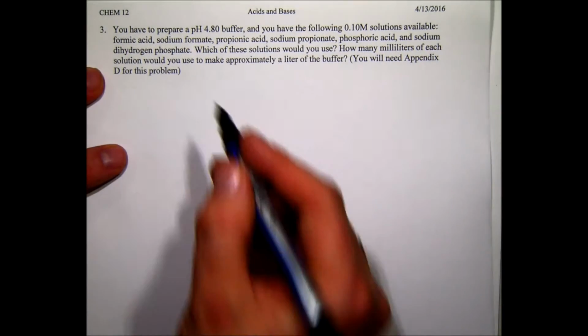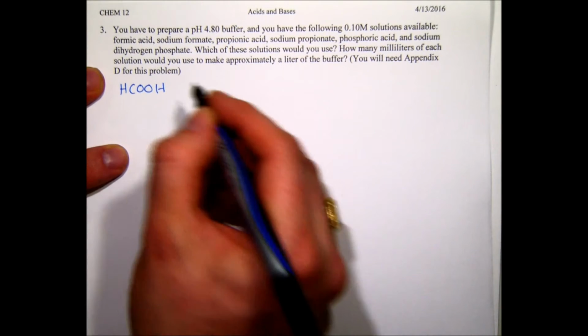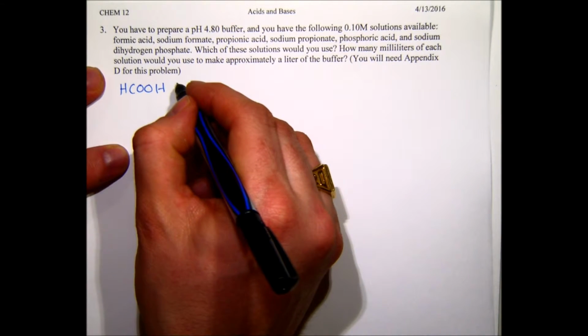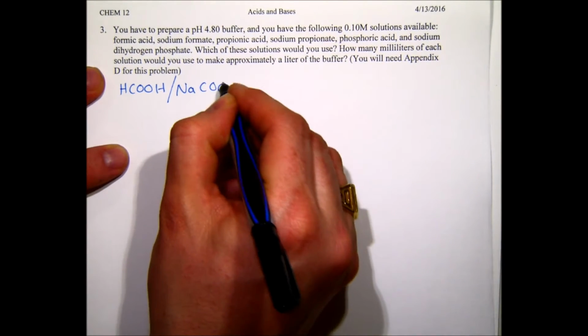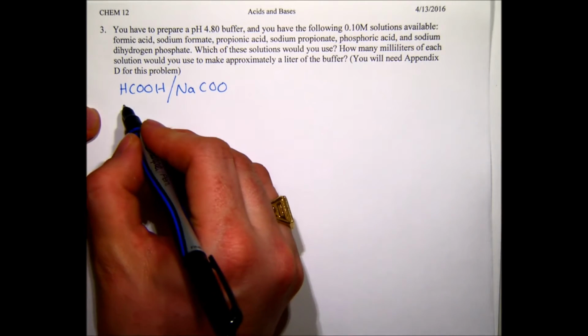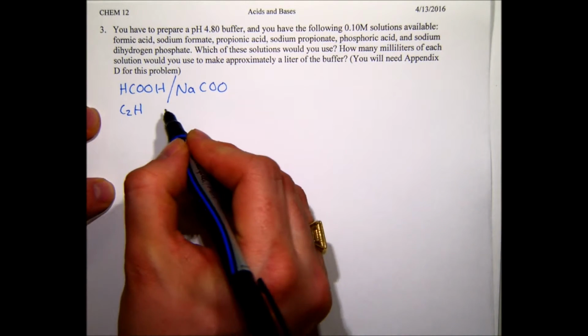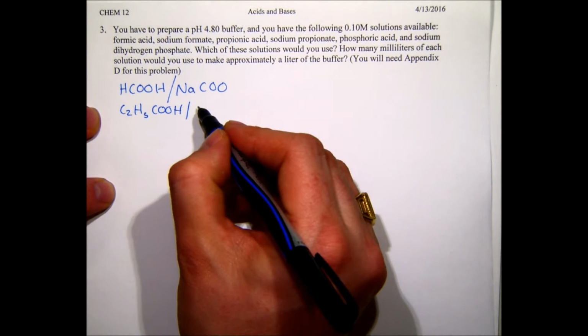So the first thing we have is formic acid and sodium formate. We have propanoic acid and sodium propanoate.